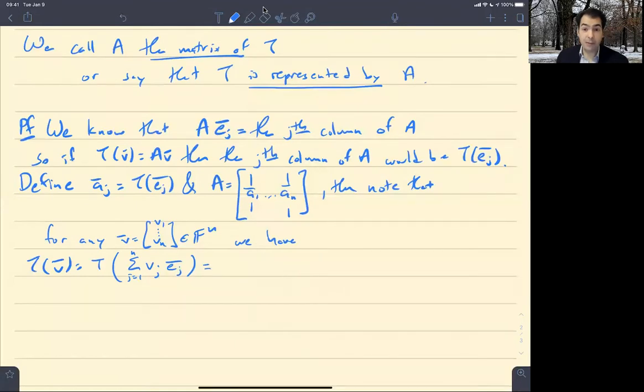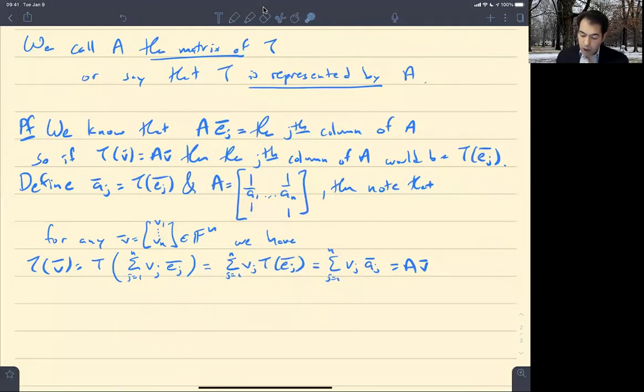Now T is a linear map, so that means that it sends linear combinations to linear combinations. So I can write this as this linear combination of the T of EJs. Right, but now that's exactly how we defined AJ, and we've seen before that that's exactly the matrix vector product of A with V. But now notice what's happened.